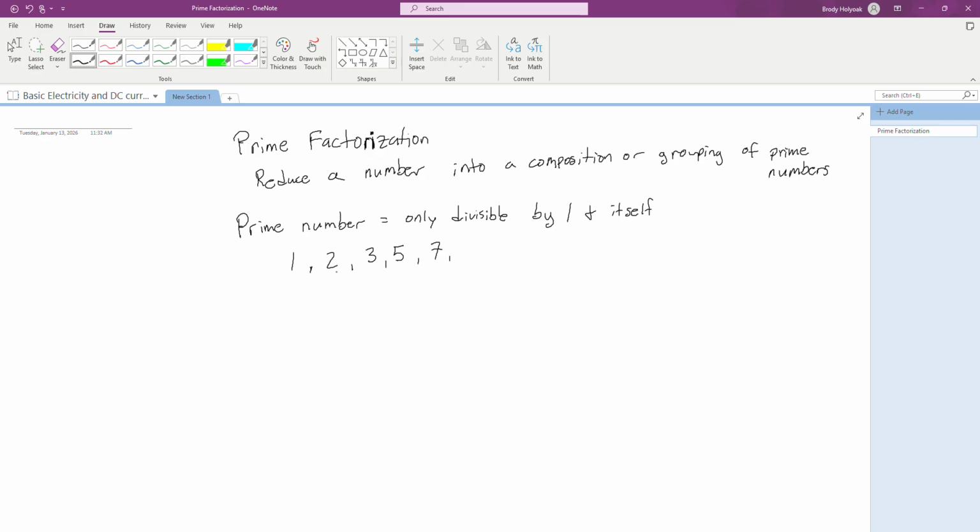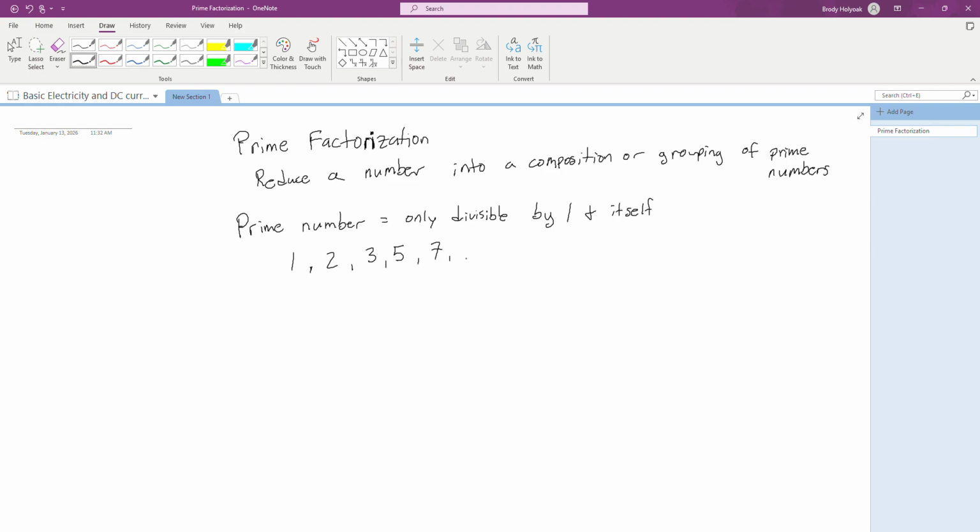We would have 2 times 4, and then we could split that 4 up and get 2 times 2 times 2 to give us 8. 9 is going to be 3 and 3, which then goes back down to the primes. 10 is going to be 2 and 5, so it's a combination of these prime numbers.